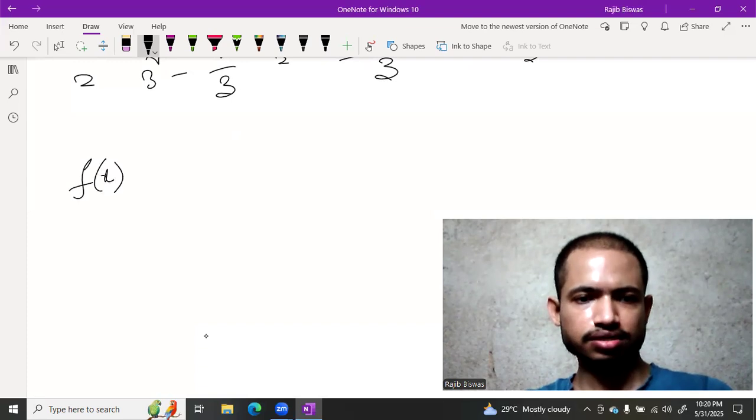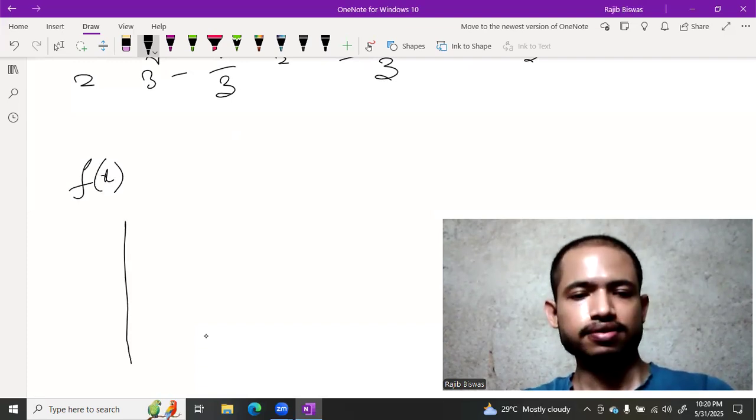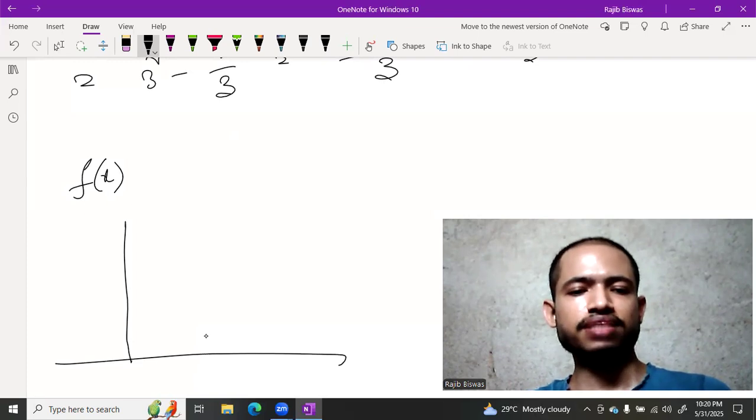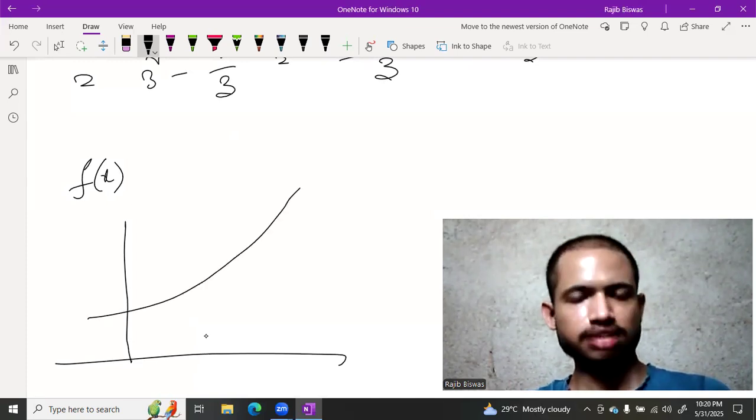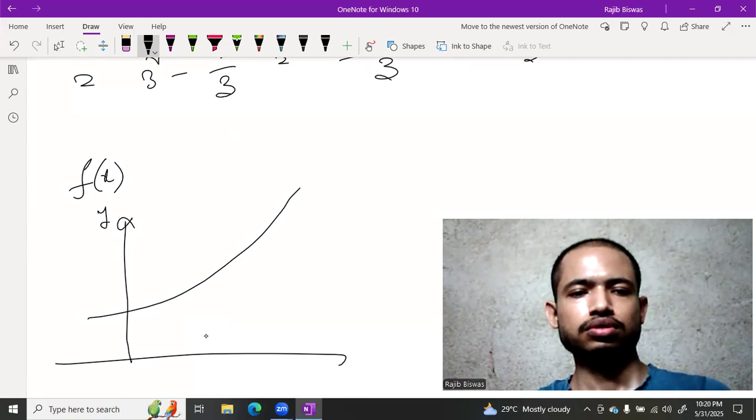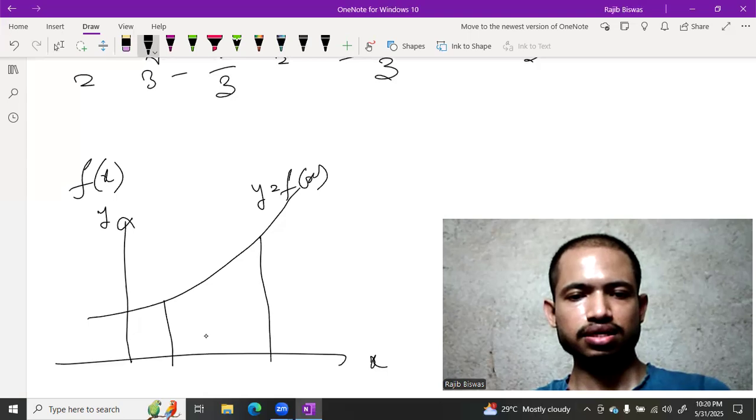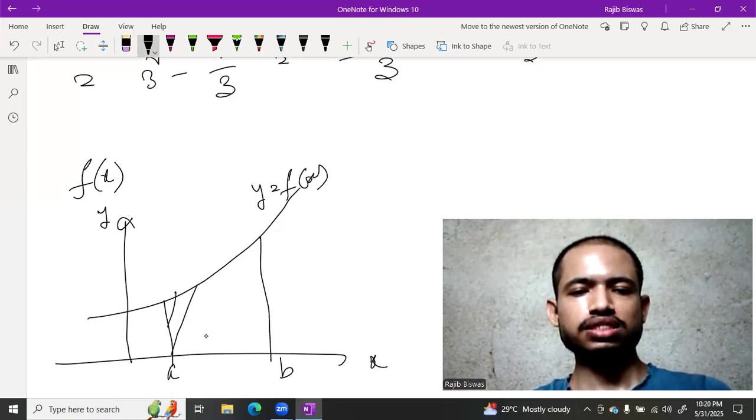If the function is f(x), then let the graph of f(x) be like that. This is the graph of the function y equals f(x), and let the interval be from a to b. Okay, so the bounded region becomes the shaded part here.